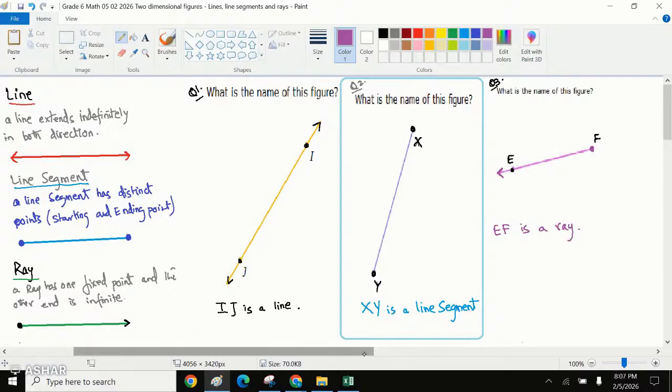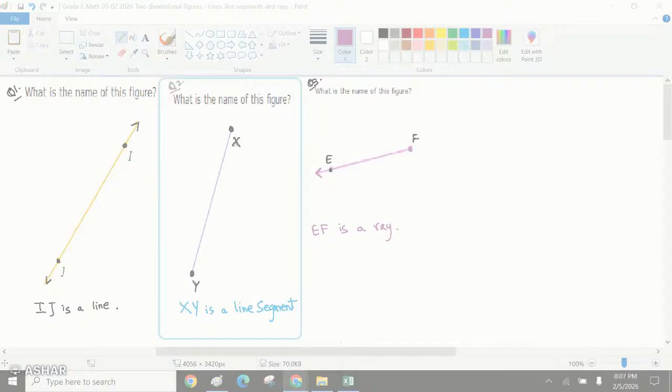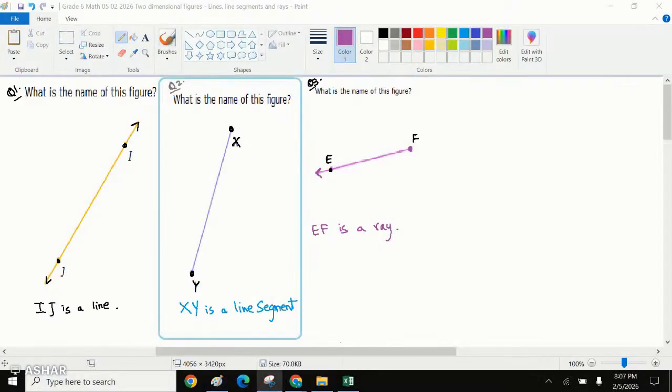Okay. So let's go for question number 4. In question number 4, what is the name of this given figure where we have this information given to us?